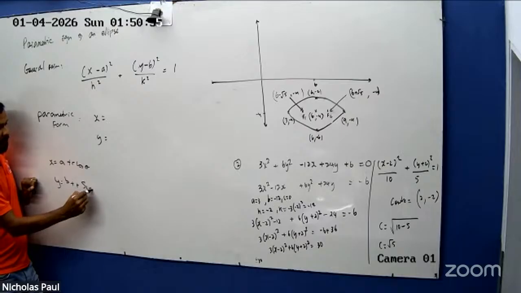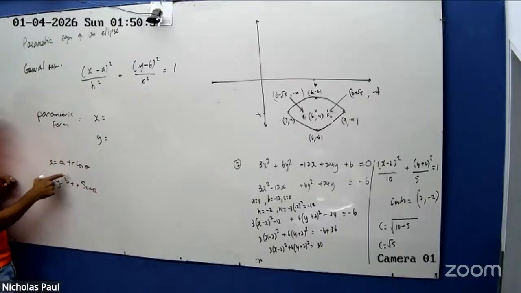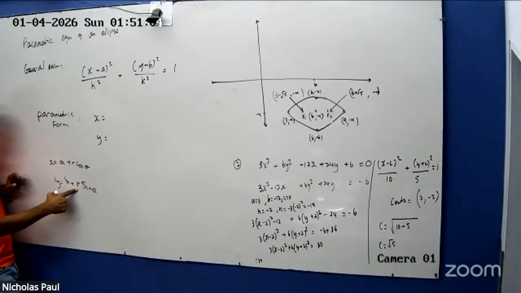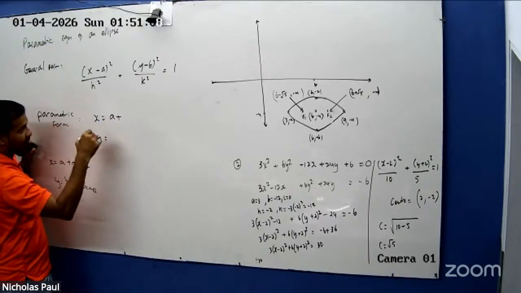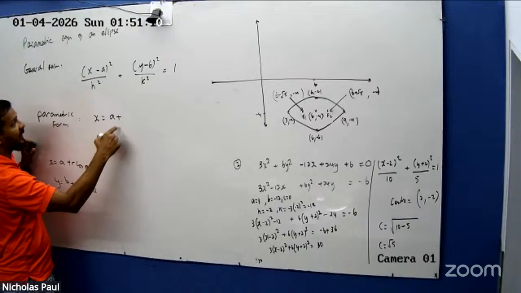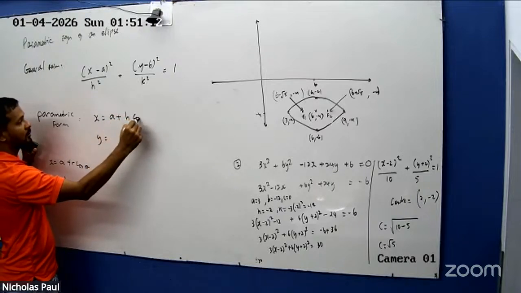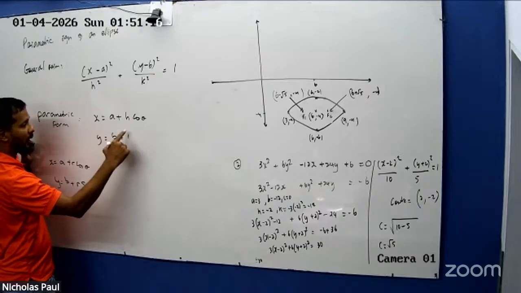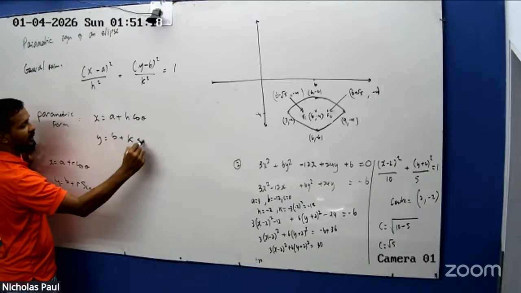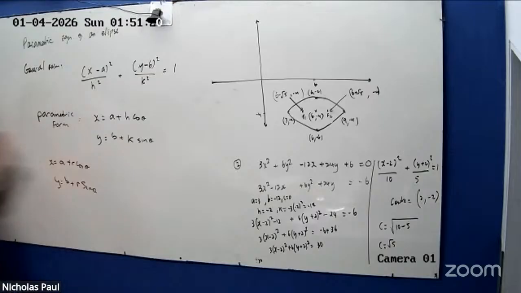Right. And so instead of R here is H, and instead of R here is K. So it's the same center: A plus H cos theta, B plus K sin theta. Right? Okay. All right, we'll stop there.